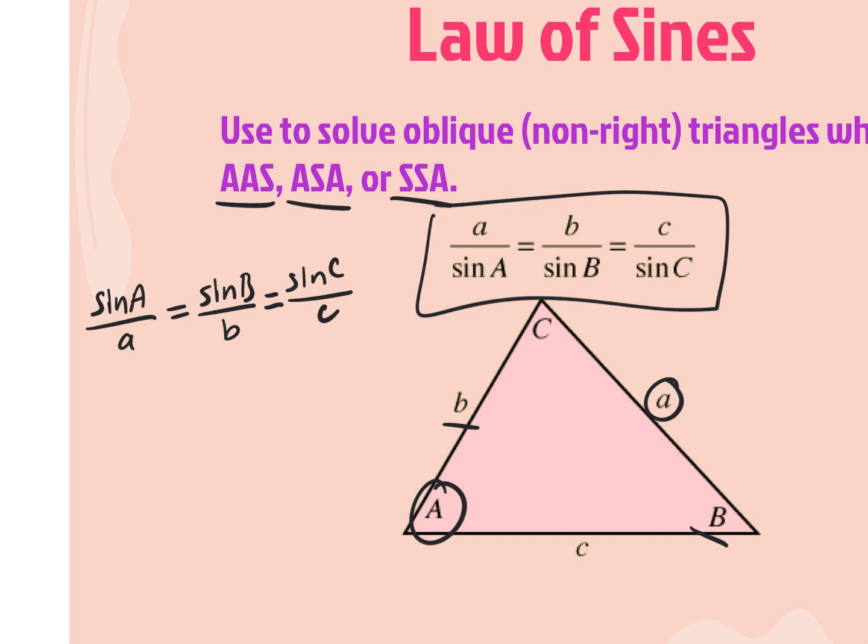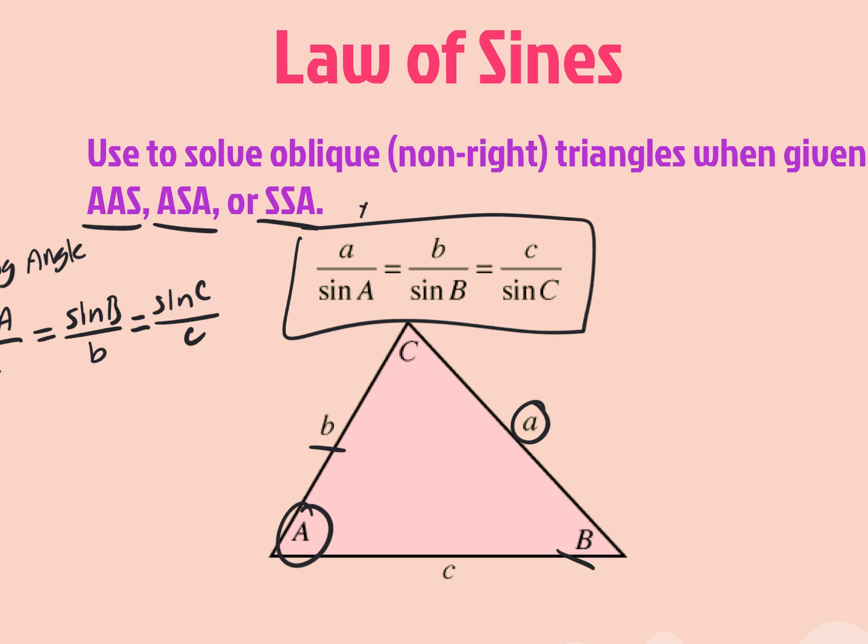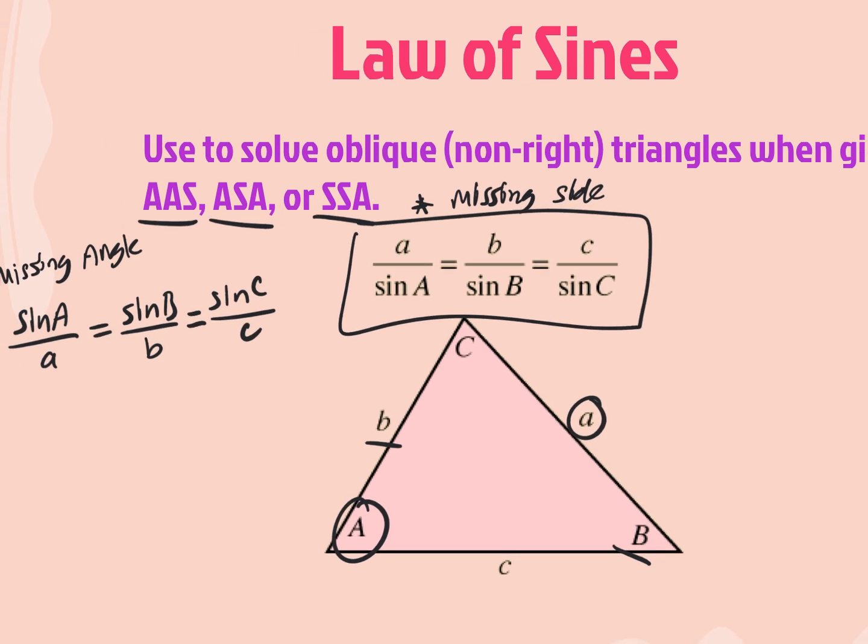Now, I would use this one right here if you're missing an angle. And then I would use this version right here if you're missing a side. Right? Just because you have a side on top, you have an angle on top, there's less algebraic manipulation that you need to do to get what you're looking for by itself.